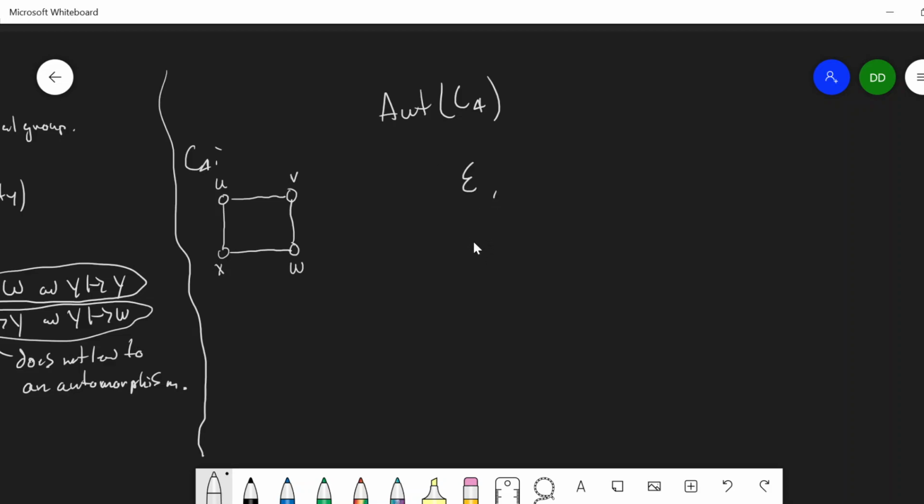All right, so let's build another automorphism here. I'll call this one alpha 2.